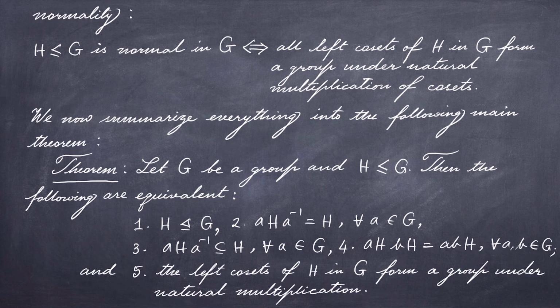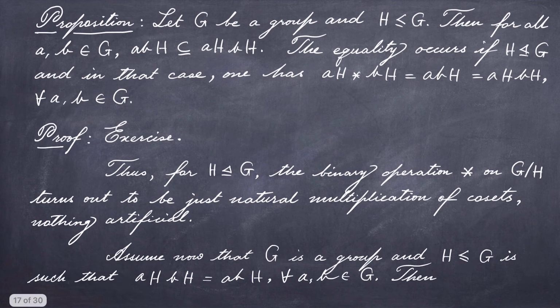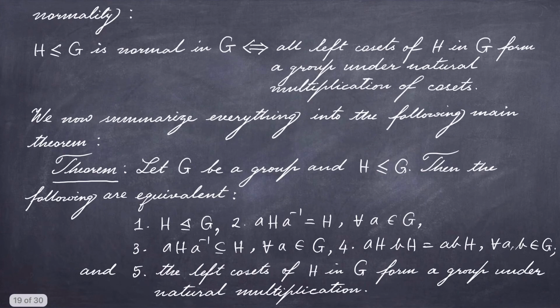So whatever we have discussed so far, we have seen several equivalent characterizations of normality, right? We have discussed one after another, so we summarize everything into the following main theorem. It says that the following are equivalent: H is normal if and only if... the equivalence of the first three is already mentioned in the definition of normality.